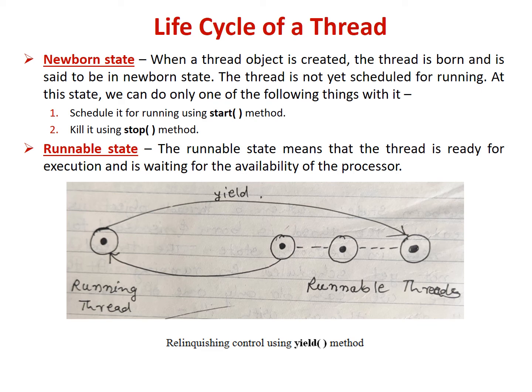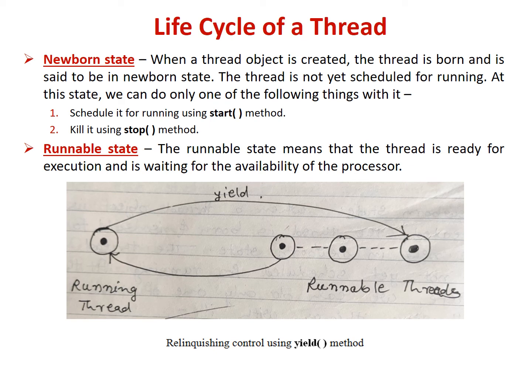Second, runnable state. The runnable state means that the thread is ready for execution and is waiting for the availability of the processor. That is, the thread has joined the queue of threads that are waiting for execution. If all threads have equal priority, then they are given time slots for execution in round robin fashion, that is, first come, first serve manner.